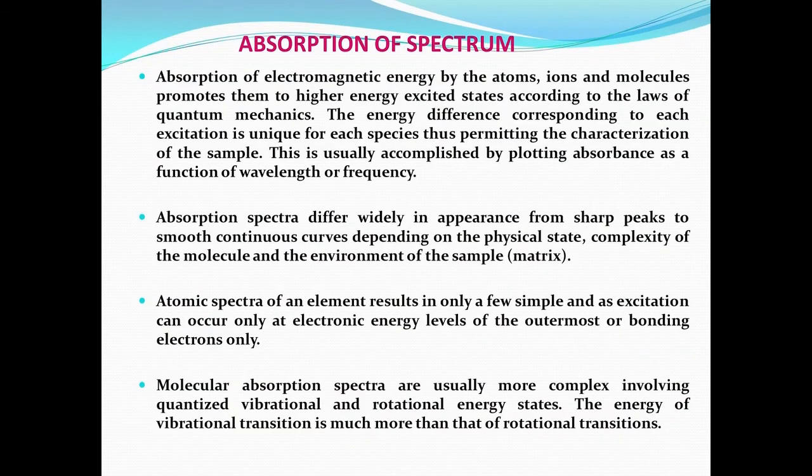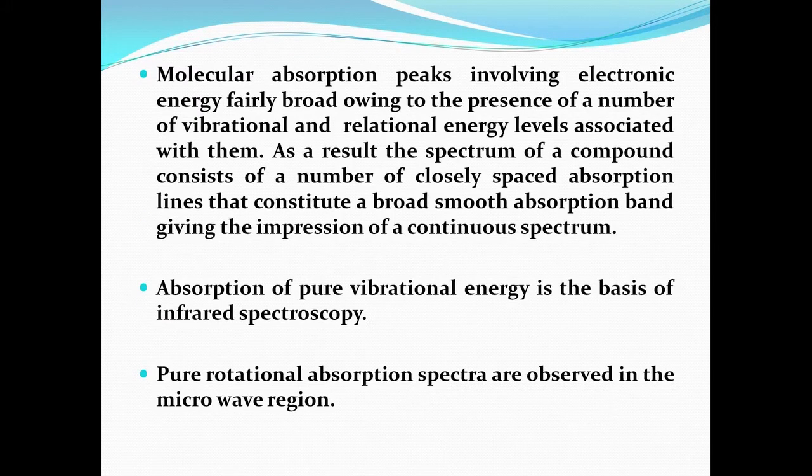So, molecular absorption spectra are normally more complex, involving quantized vibrational and rotational energy levels. The energy of a vibrational transition is definitely much more than rotational, and the energy of electronic excitation would automatically be higher than the vibrational energy levels. So, what we actually get are molecular absorption peaks involving electronic energy transitions.